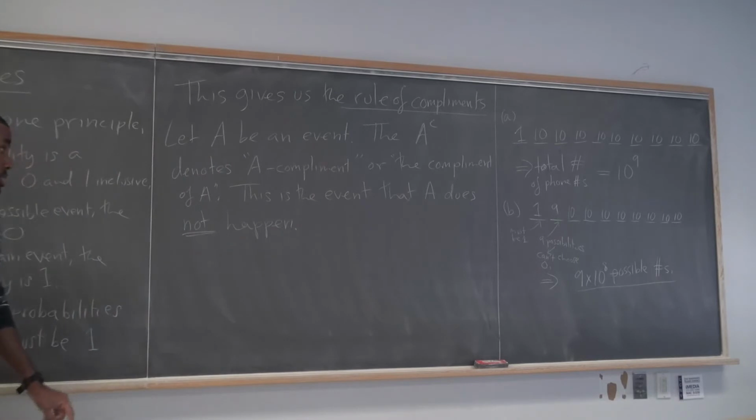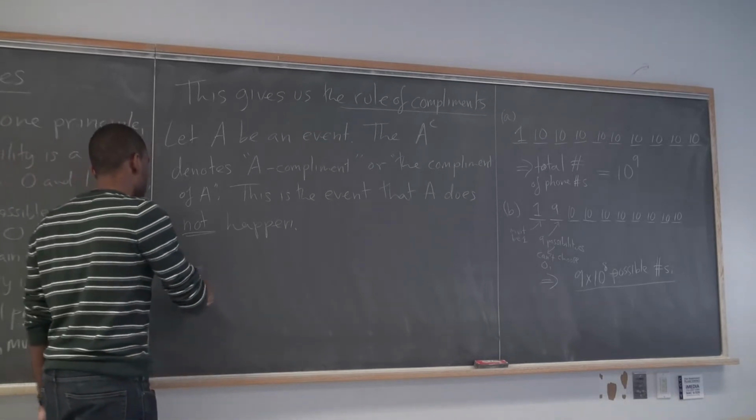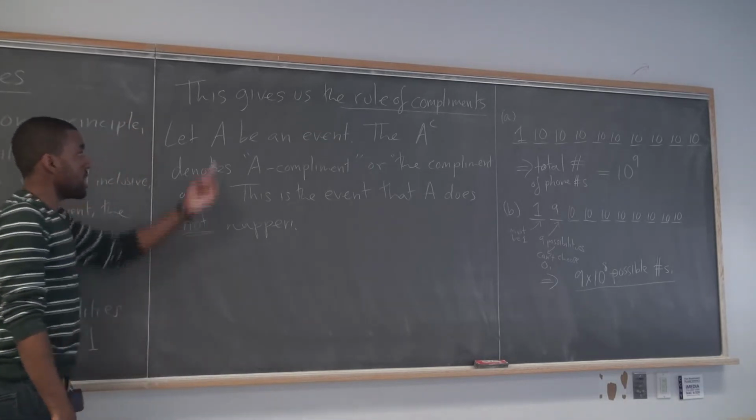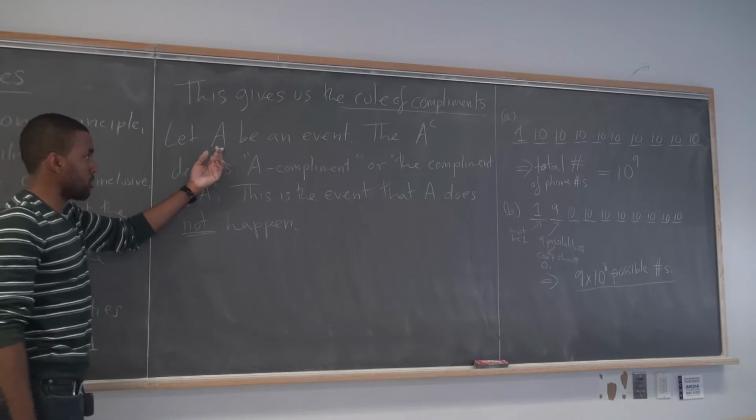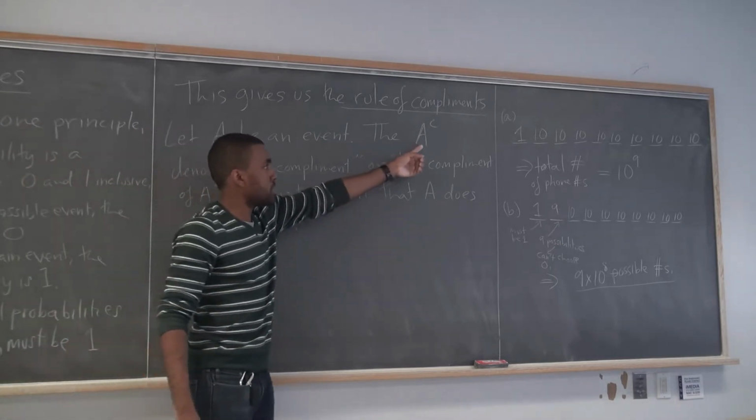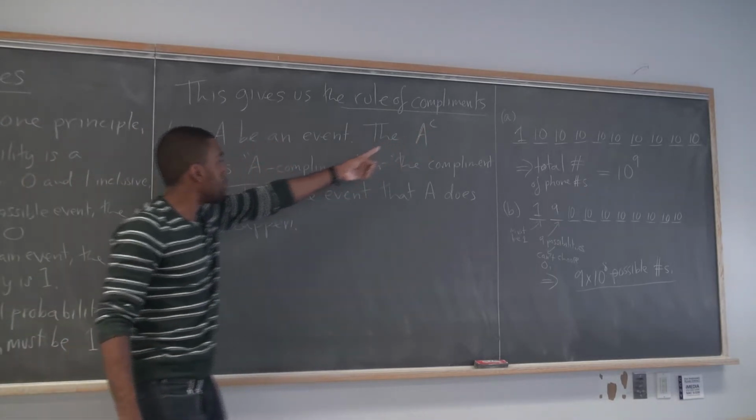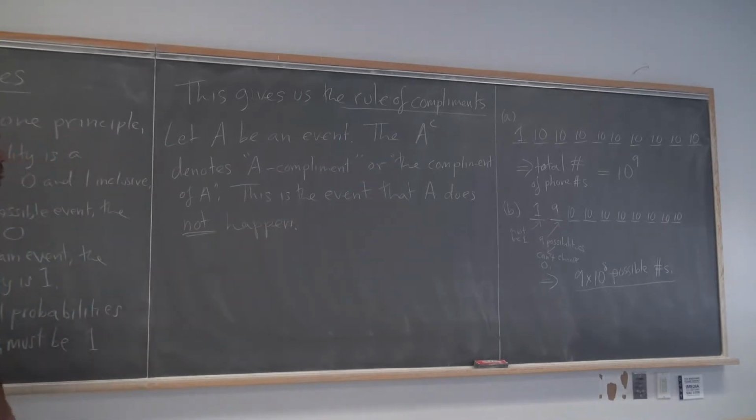It's very useful because sometimes it's easier to figure out when something will not happen as opposed to when it will. And we're going to see a lot of examples where that's the case here. Right? So if A is some event, something I'm looking for to happen, a complement, which is A to the little c up top, is the notation. That's the event that A will not happen.